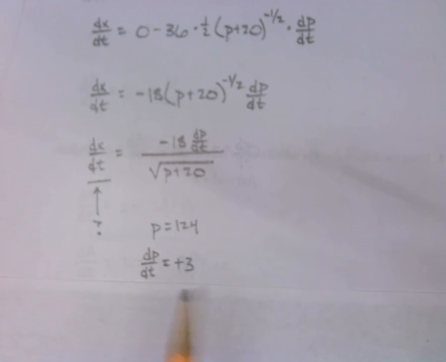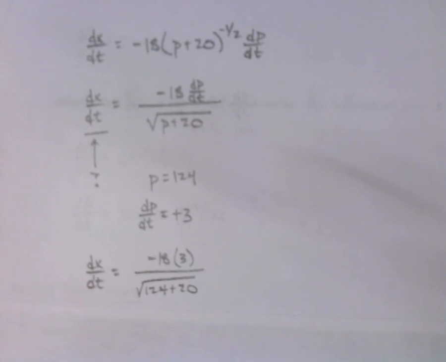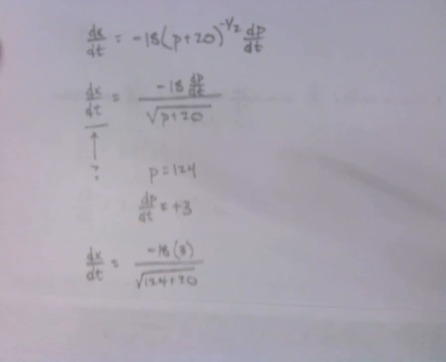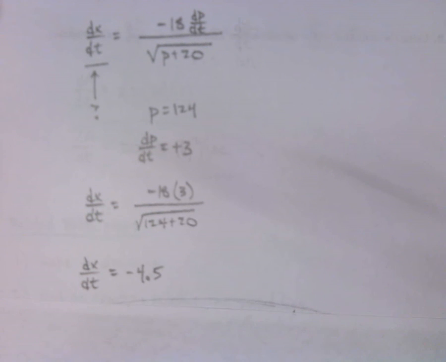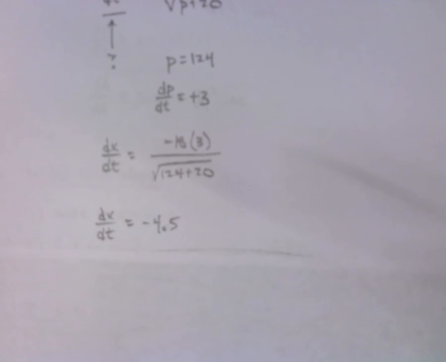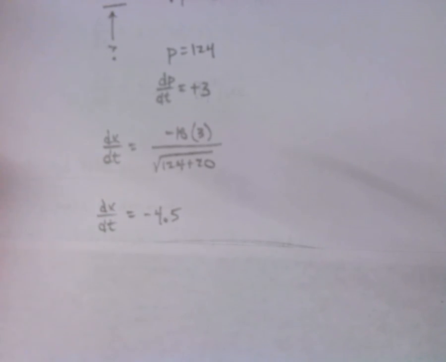But they did say the price was increasing, so positive 3 for our derivative dp over dt. Plugging all that in, positive 3 for our derivative, 124, and that cleans up really nice. I'll let you crunch the numbers to verify this, but dx over dt equals negative 4.5.